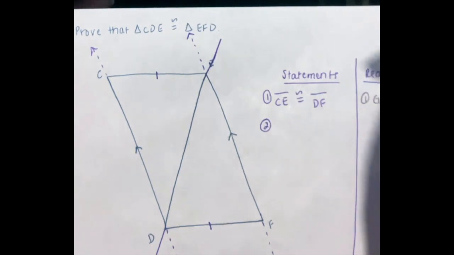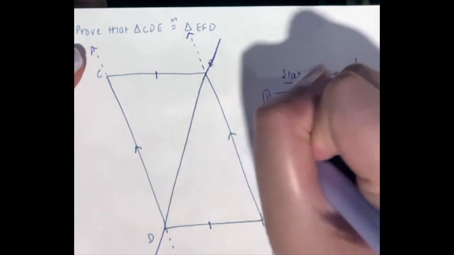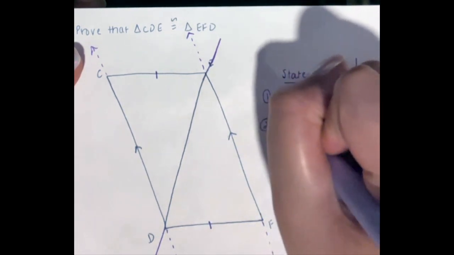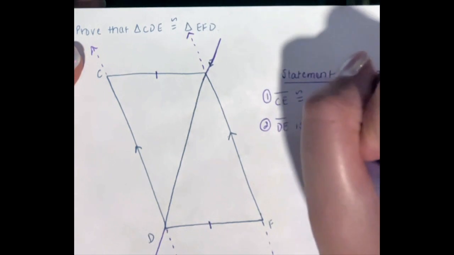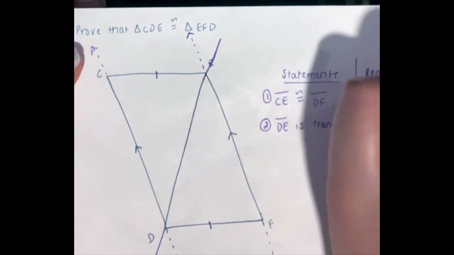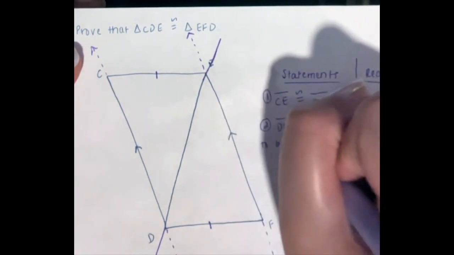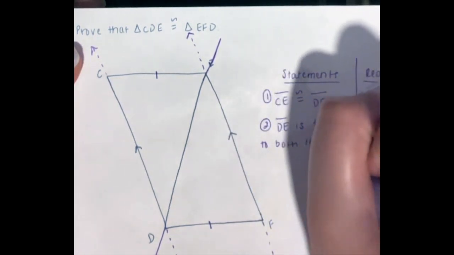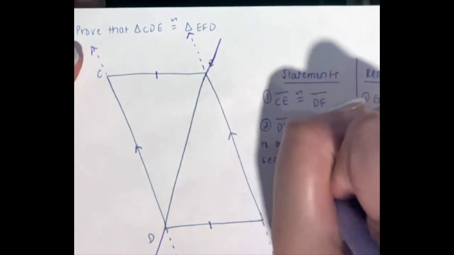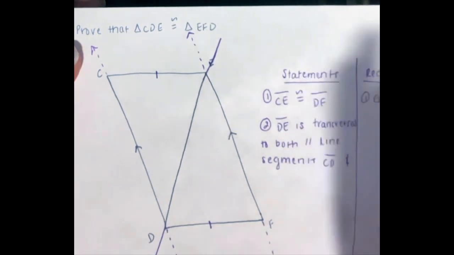So we're going to say that line segment DE is transversal to both parallel line segments, CD and EF.